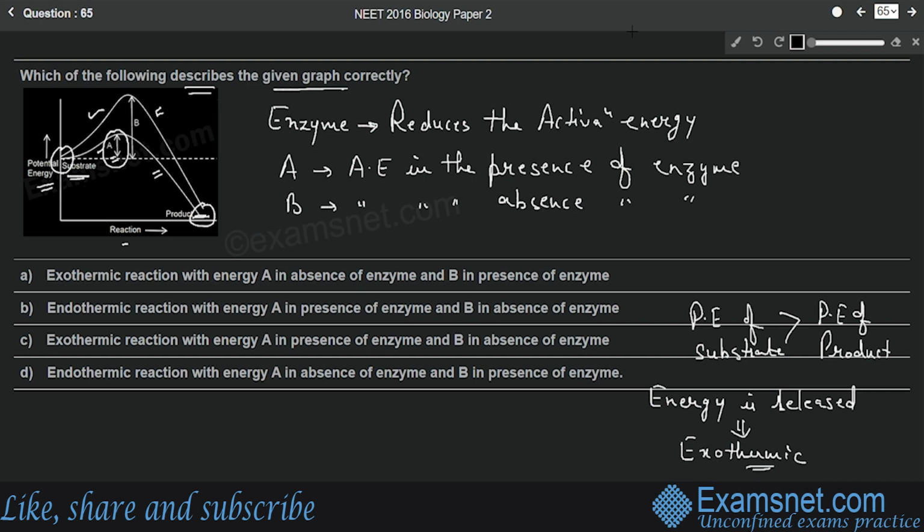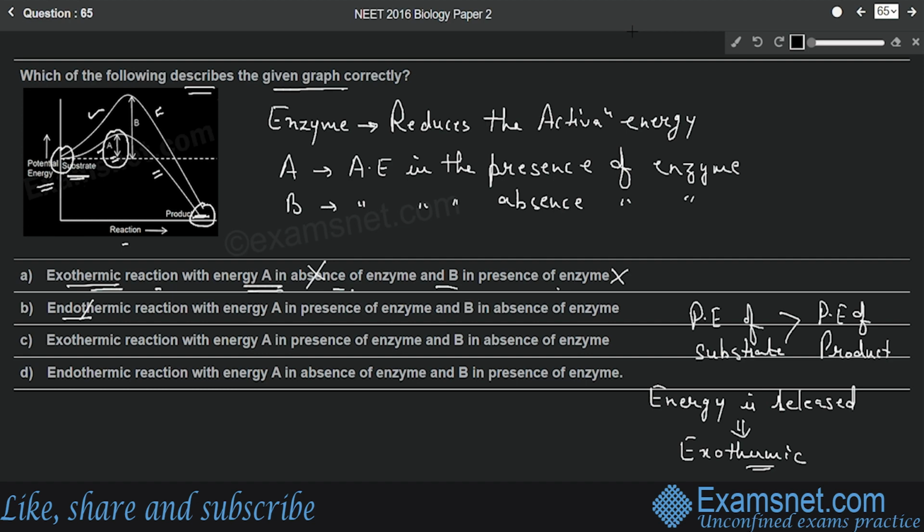In the first option it is said that there is an exothermic reaction, with energy A in absence of enzyme and B in the presence of enzyme. This is not correct, because we have seen that A is lower, that means A is the energy in the presence of enzyme. The second statement says endothermic.